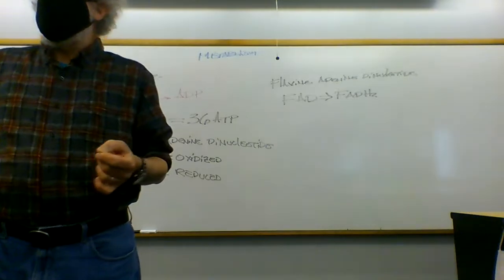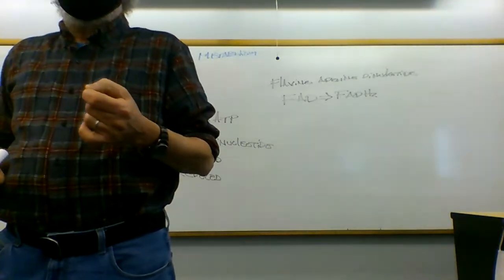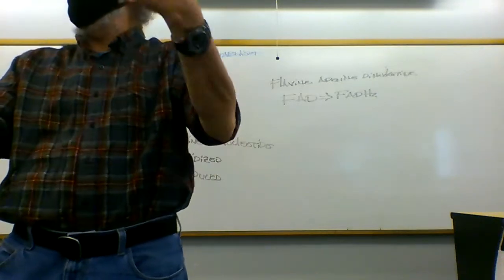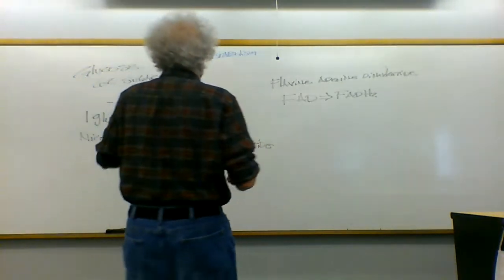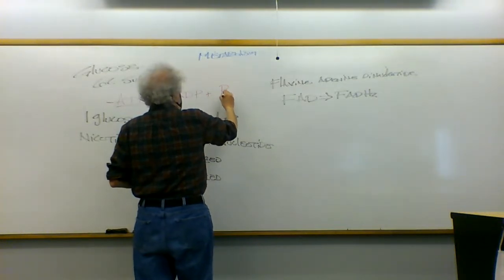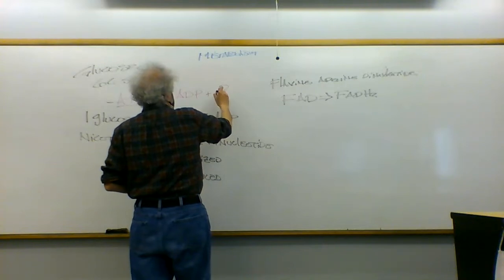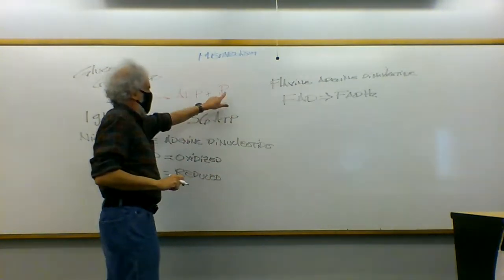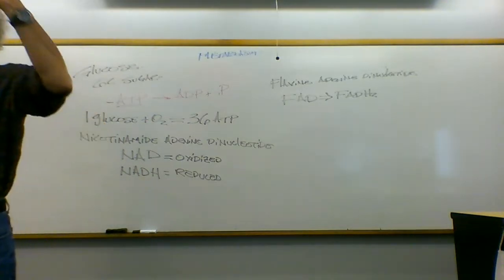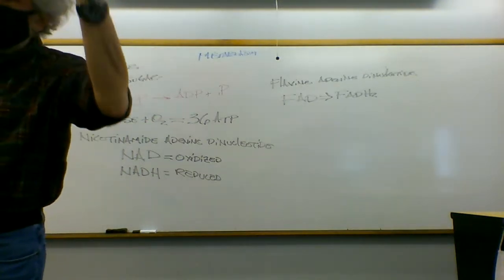Some of these things I've been seeing for an embarrassingly long time and wasn't quite sure what they meant, and I'm passing that on to you. So we write it as ADP plus P with an i on it, Pi. Inorganic phosphate is what's being released.